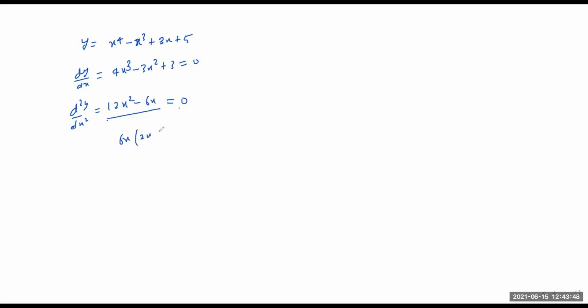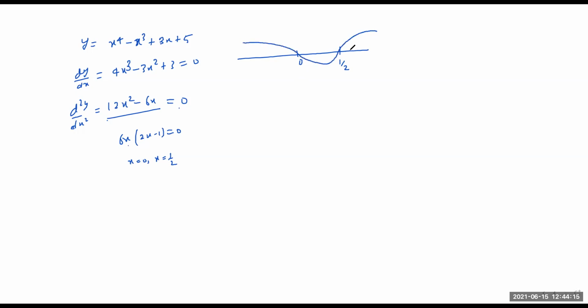This is a situation of inflection, correct? So x is 0 is one answer and x is half is the other answer. So I'll plot 0 and half, and then we know the wavy curve method.